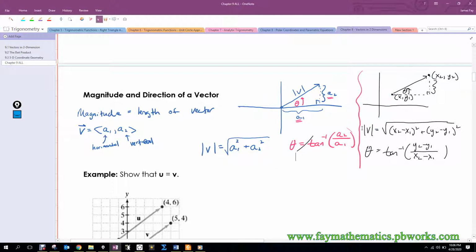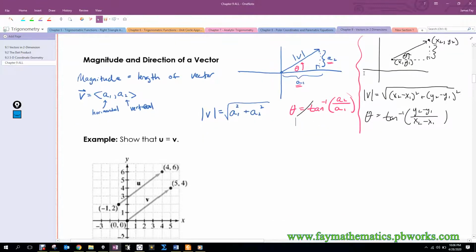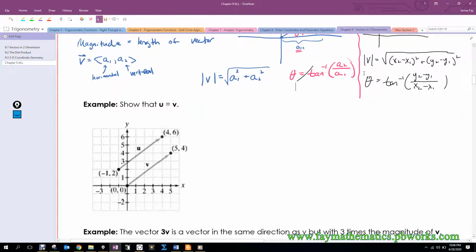In order for two vectors to be congruent vectors or equivalent vectors, they have to have the same direction and they have to have the same magnitude. So that's what we're going to try to do here with this example, just demonstrate that they both here are indeed equal vectors.